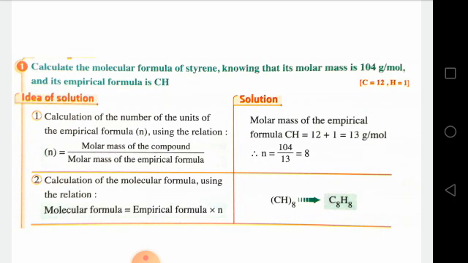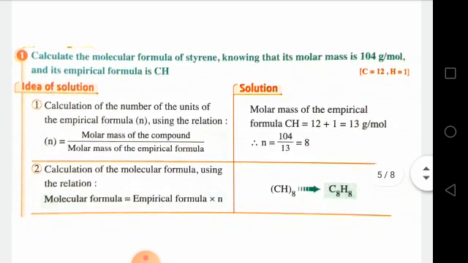Secondly, we will find the coefficient which must be multiplied by this empirical formula to find the molecular formula. To do this, we will divide the molar mass of the compound by the molar mass of the empirical formula to get n, or the coefficient.